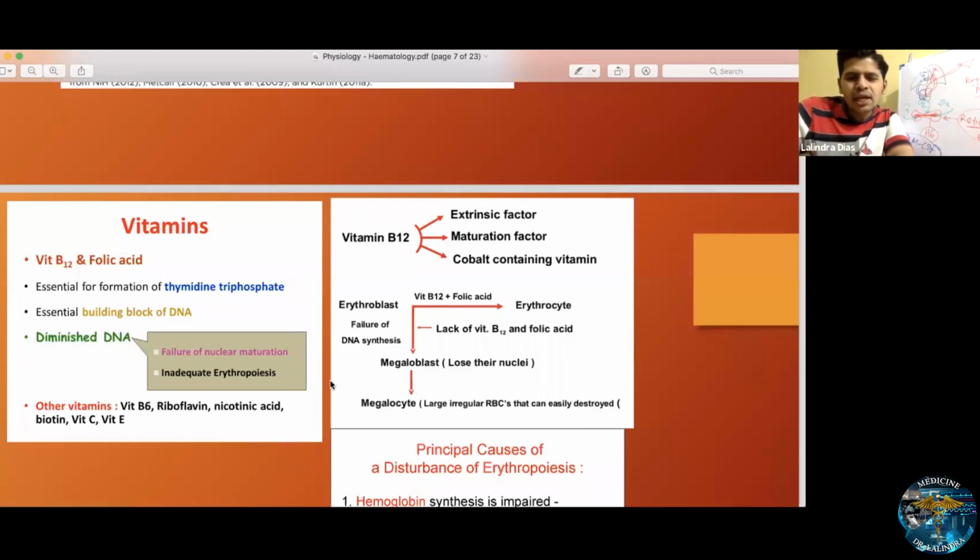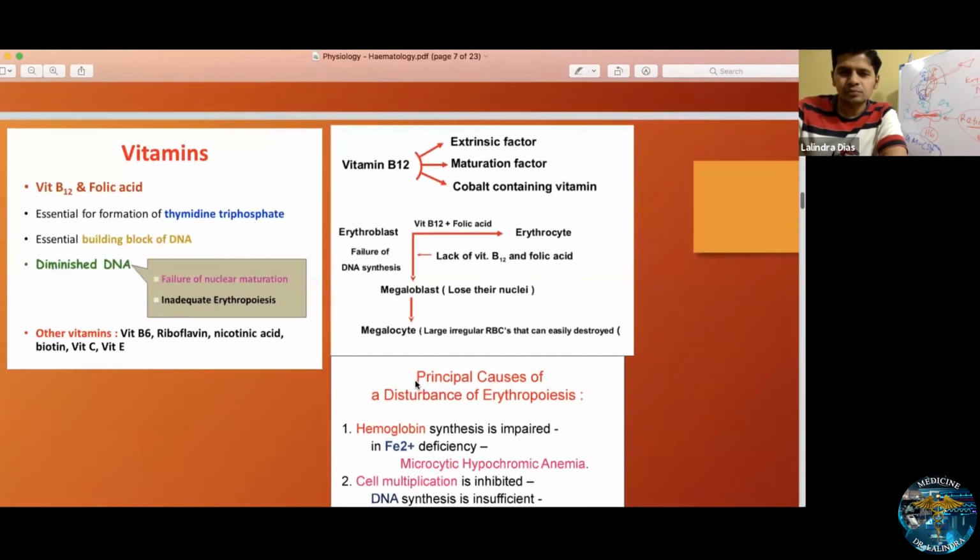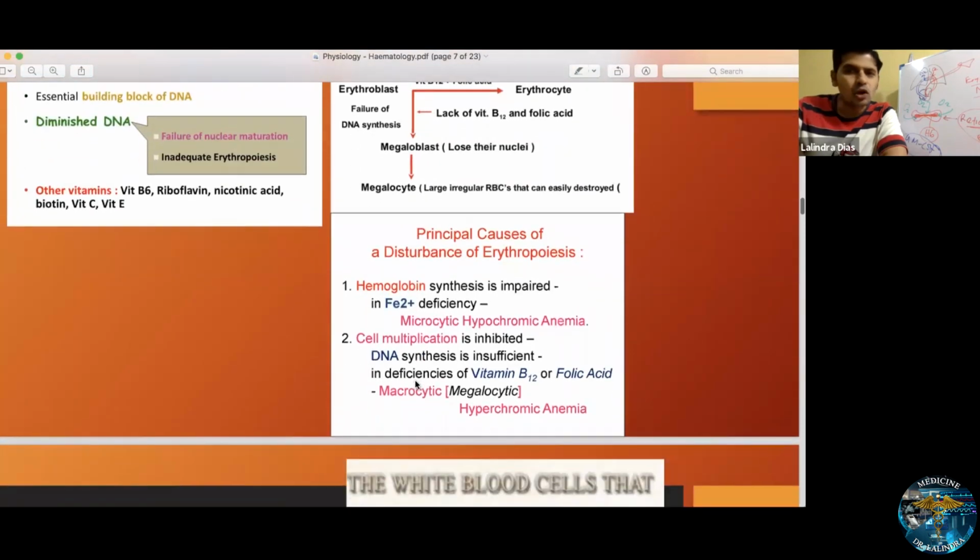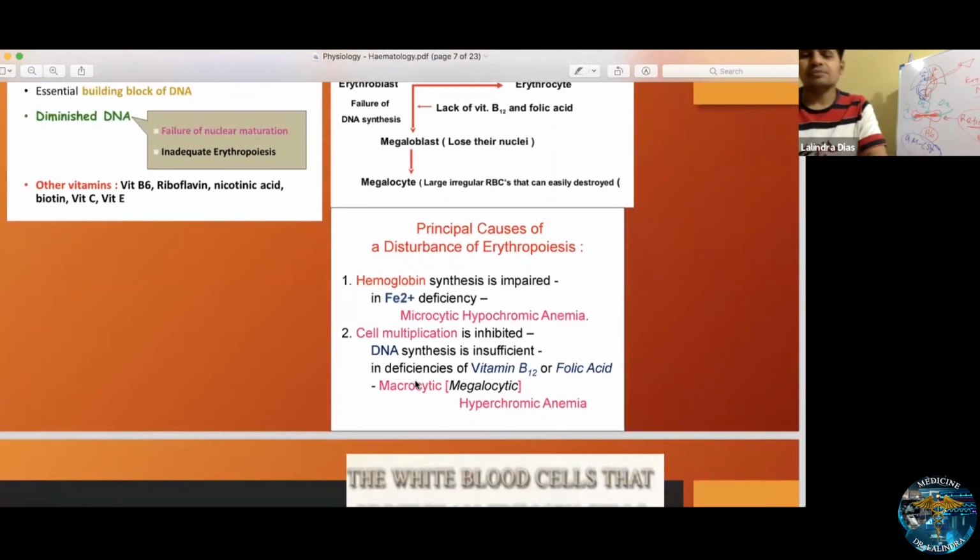Okay, so here I have clearly mentioned B12 and folic acid are needed for erythropoiesis. Lack of B12 and folic acid will lead to production of large red cells with excess concentration of hemoglobin. That's called megaloblastic anemia. They are large red cells. It's all due to lack of DNA.